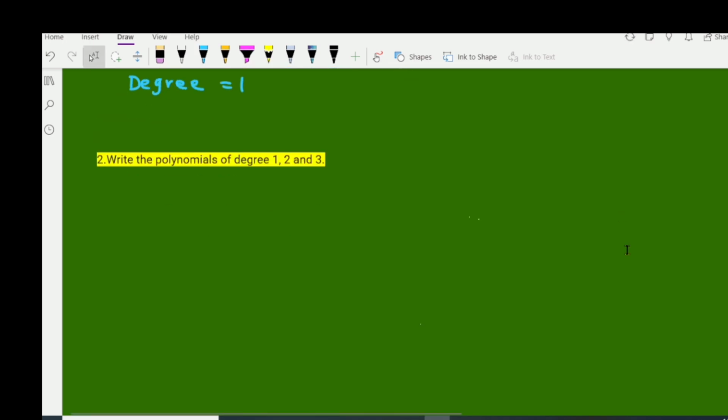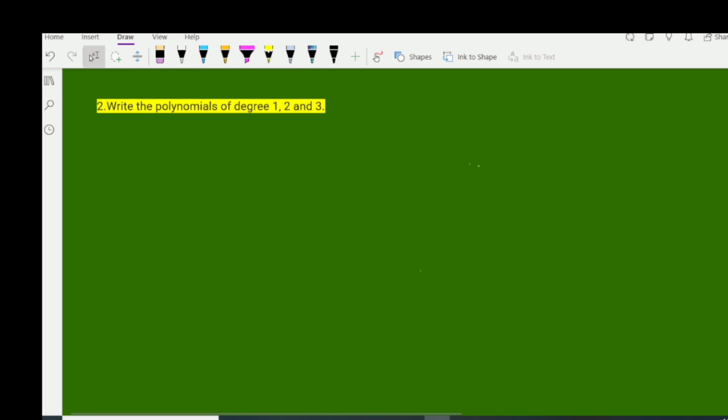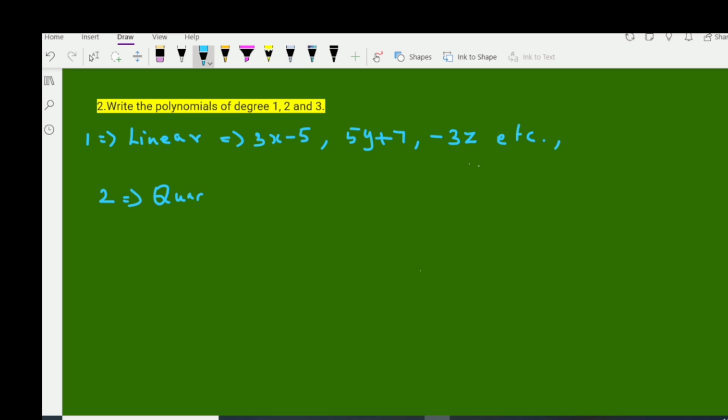Okay, look at the next question. Write a polynomial of degree 1. Degree 1 is a linear polynomial. Say 3x minus 5, or 5y plus 7, or minus 3z. Like that we can write many polynomials. Next, degree 2 means quadratic polynomials.